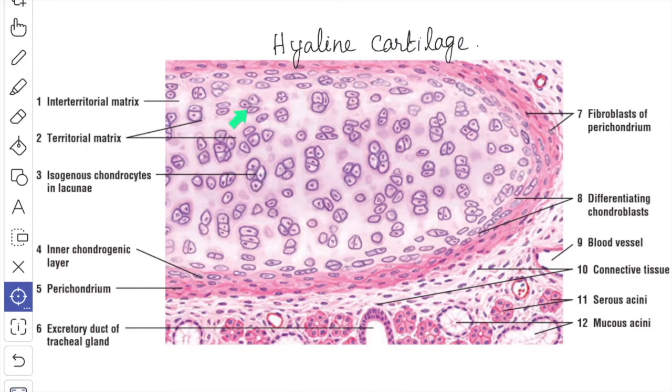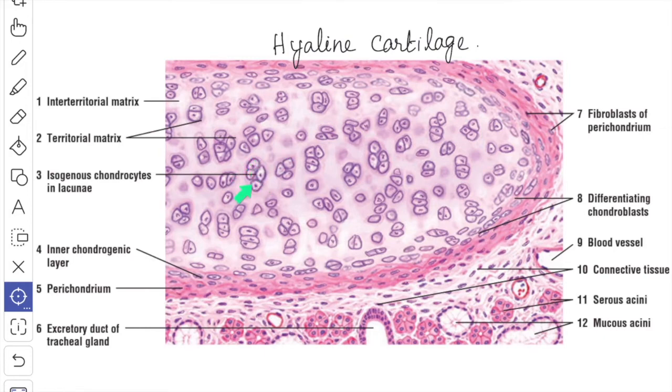Towards the periphery of the cartilage, the cells are small and they are elongated in the direction parallel to the surface. Just under the perichondrium, the cells become indistinguishable from the fibroblast cells. Immediately around the lacunae housing the individual chondrocytes and around the cell nest, the matrix stains deeper than elsewhere, giving the appearance of a capsule.